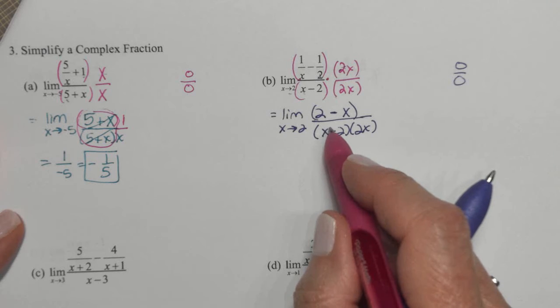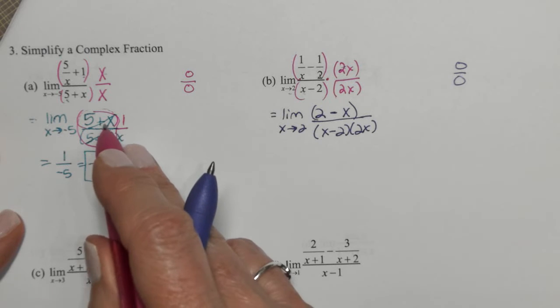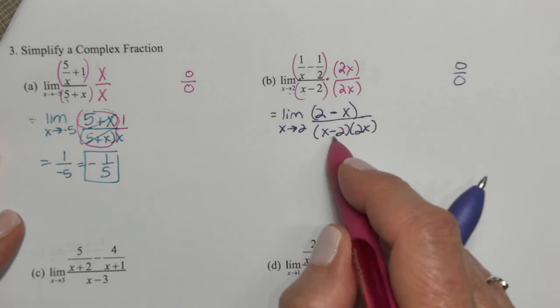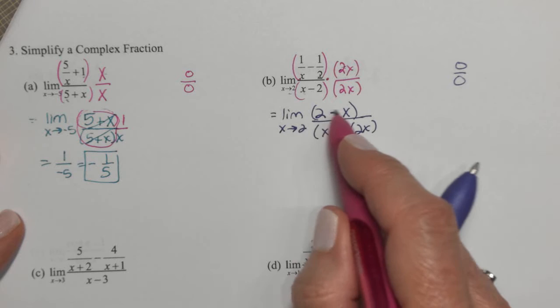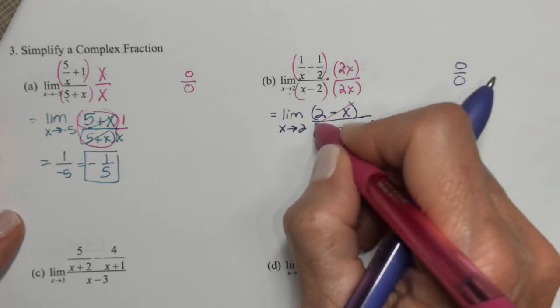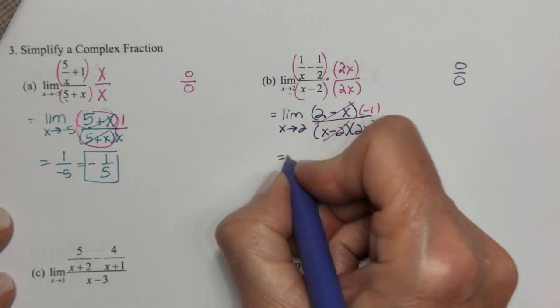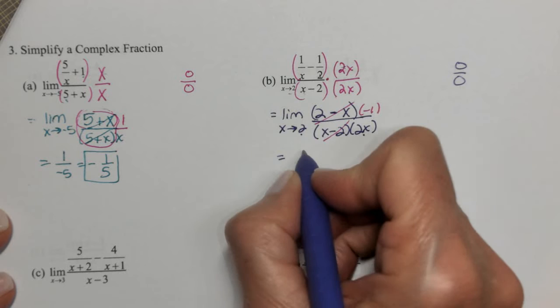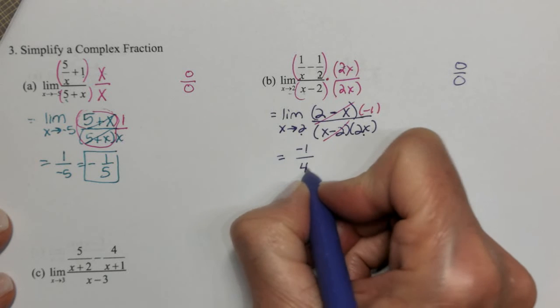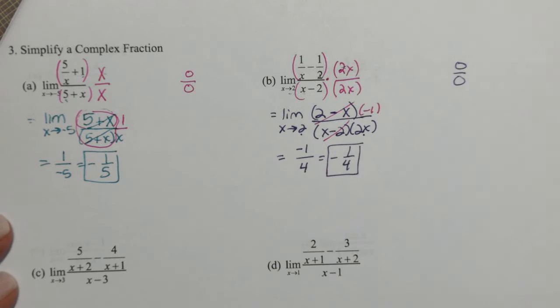What do they reduce to, though? They don't reduce to a 1 because they're not identical. If we factored out a -1, then they would be identical. So this reduces to a -1. Put the 2 into the remaining x, and we have -1 over 4, or -1/4.